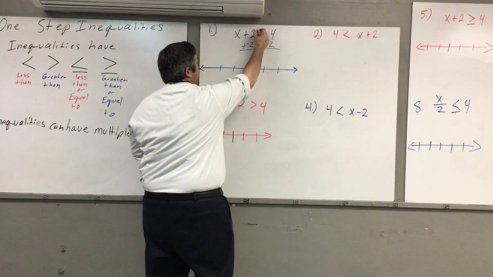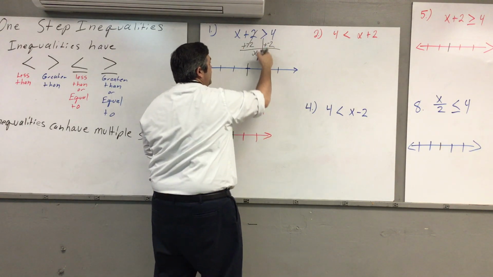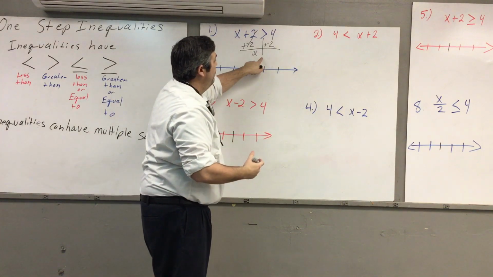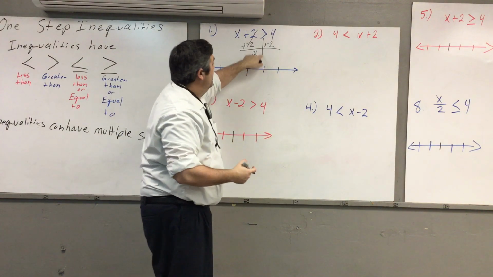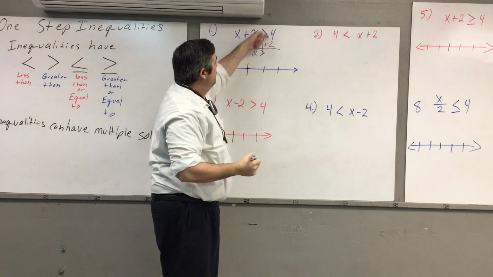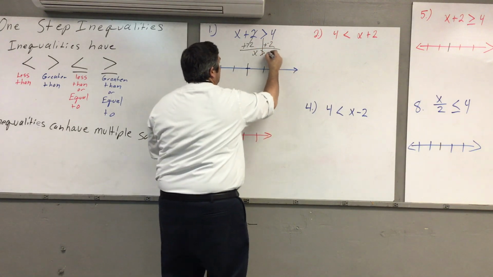Okay? This is going to cancel out, and then I'm going to bring down the x. Then I'm going to bring down my inequality. It's the same thing, where before we were bringing down the equal sign, I'm going to bring down my inequality. And then here, I'm going to find out what's left on this side. 4 plus -2 gets me 2.